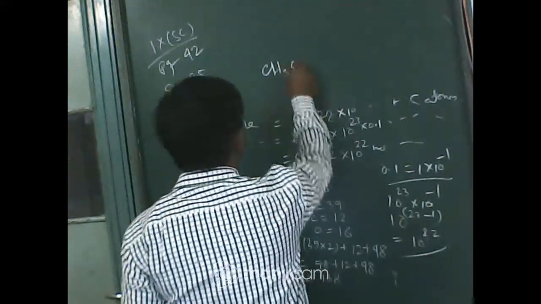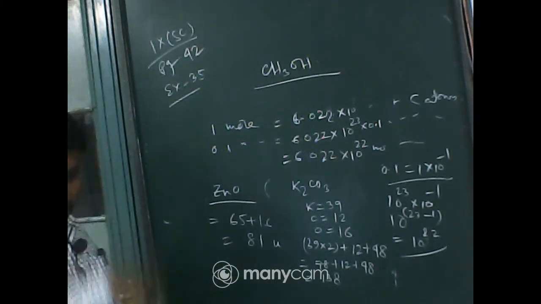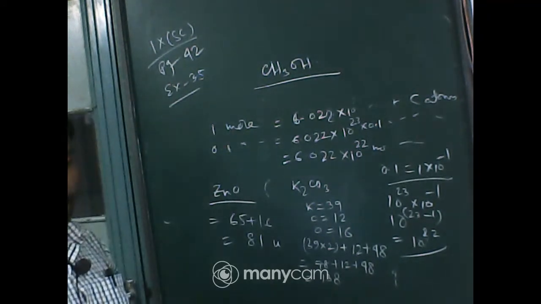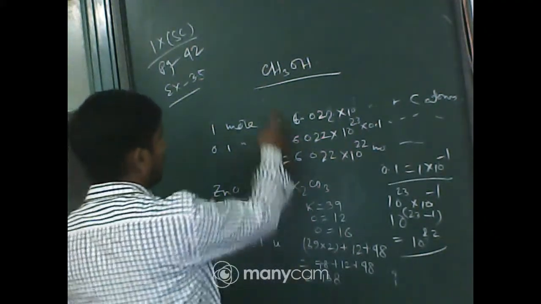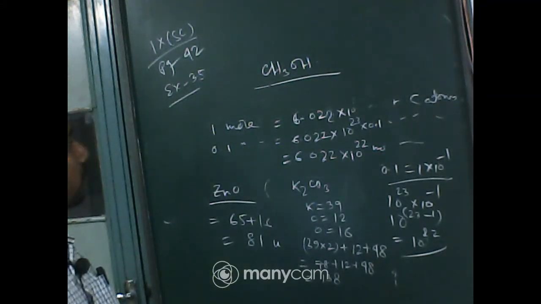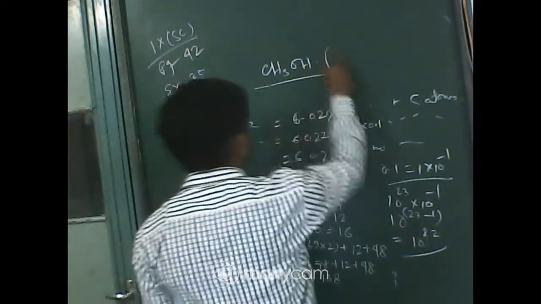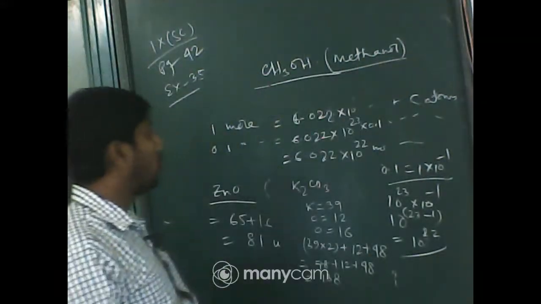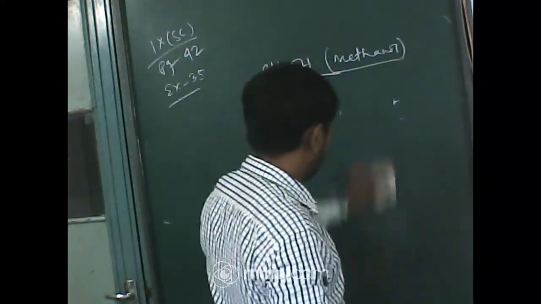You do it yourself. CH3OH. Calculate the molecular mass of CH3OH. You can do it. Already we discussed the atomic mass of carbon, hydrogen, oxygen. It is the formula of methanol, an alcohol. Now you have to calculate the molar mass of methanol.